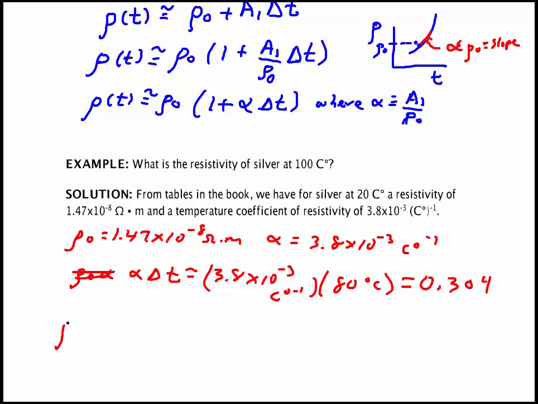To find the new resistivity now, we put in 1.47 times 10 to the minus 8 ohm meters and multiply that resistivity by 1.304.